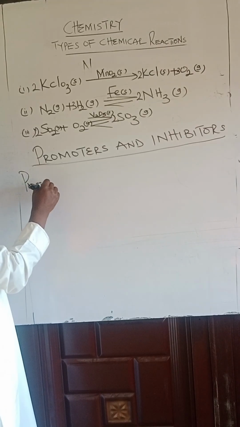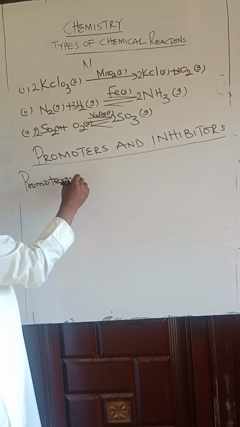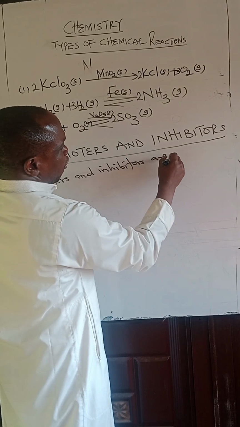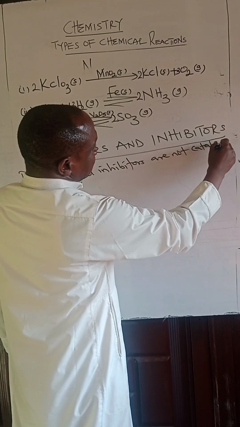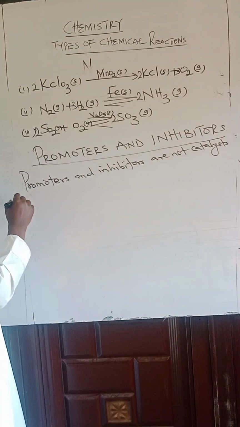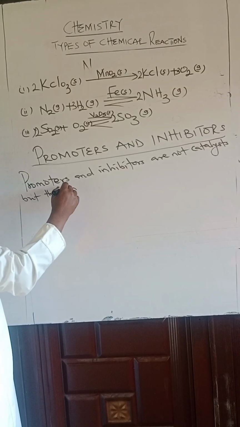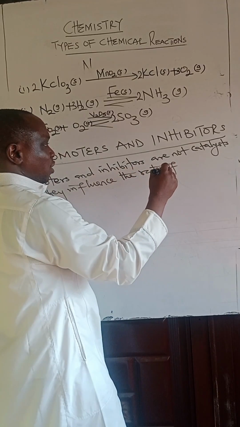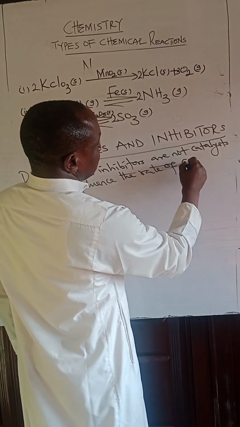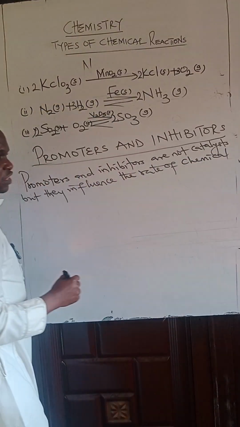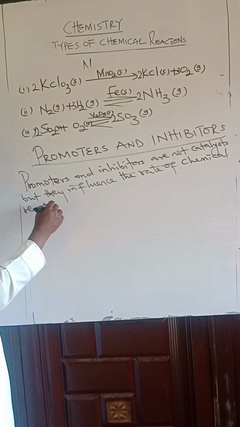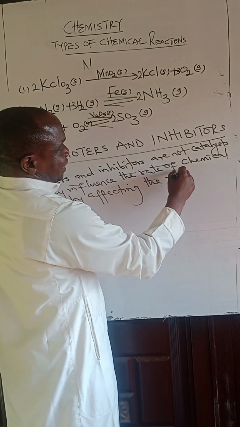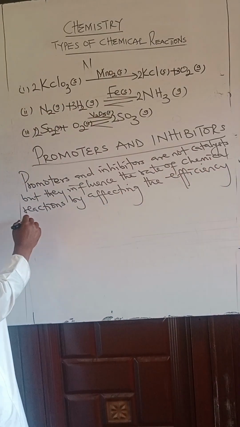Promoters and inhibitors are not catalysts, but they influence the rate of chemical reactions by affecting the efficiency of the catalyst.